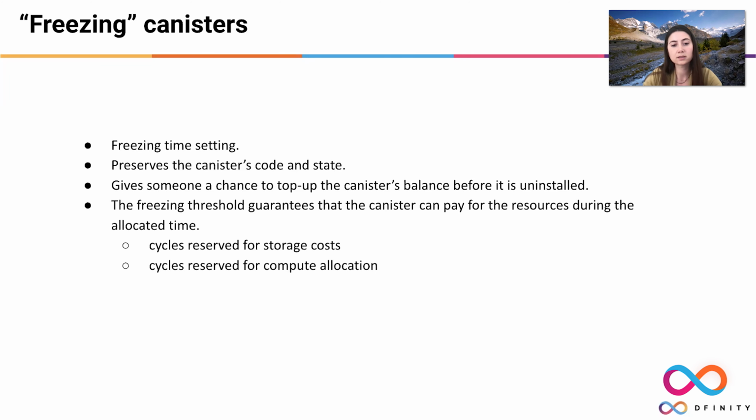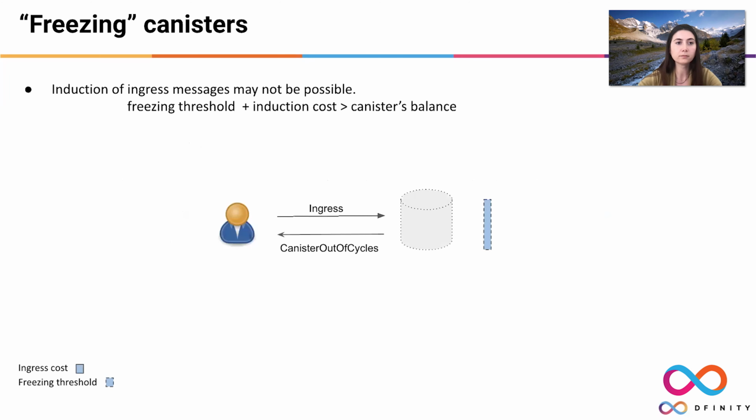So I think this is also something that you have probably seen with your canisters. So we will walk through a few scenarios and see how this freezing threshold will change the behavior.